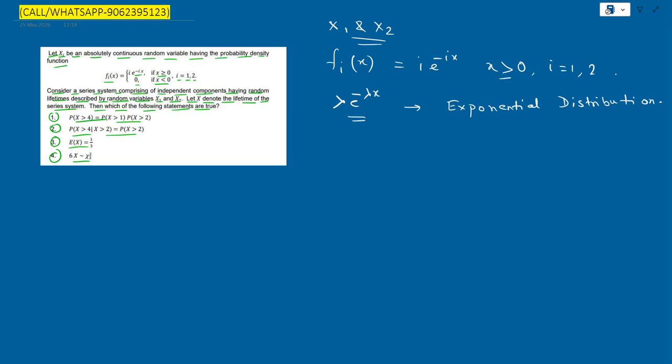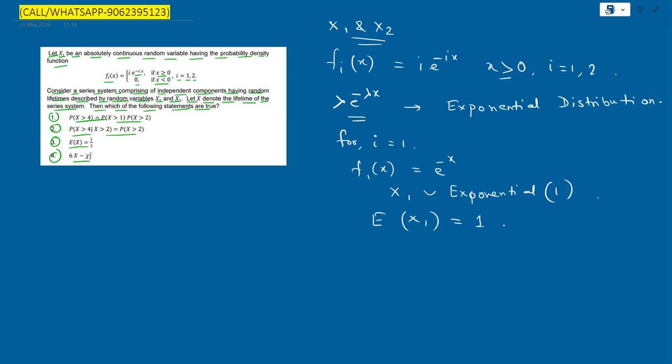So first, for i equal to 1, f_1(x) is e to the power minus x. That means X1 is exponential with rate 1.